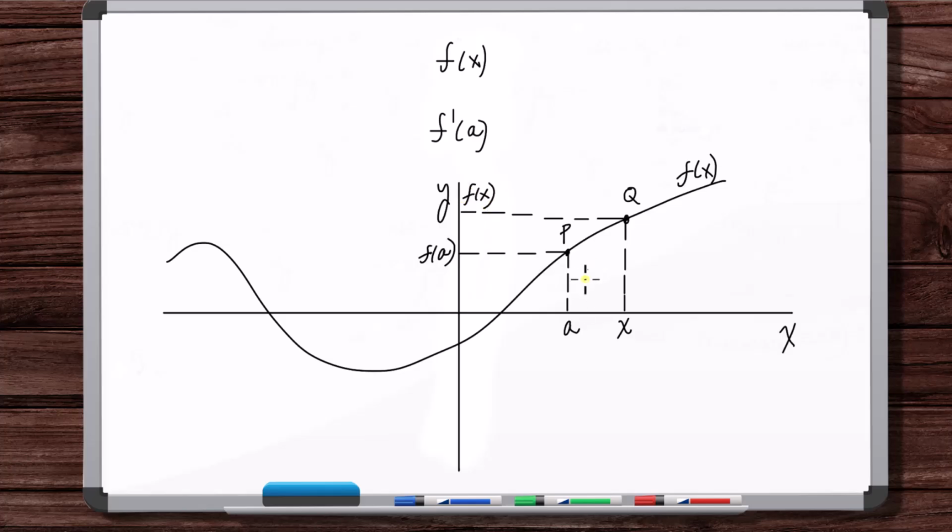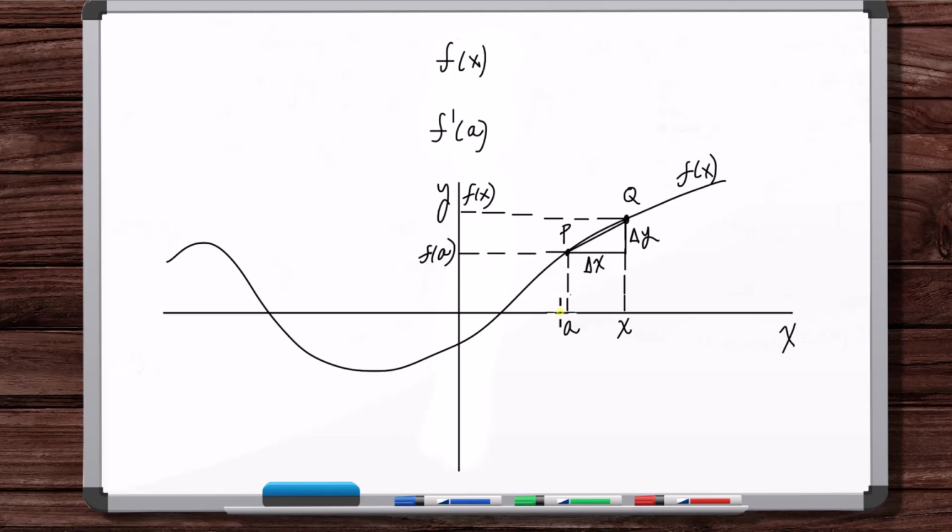And the average rate of change of a function between 2 points on the function is just the slope of the line that connects those 2 points. So the slope of this line PQ going from P to Q is the delta y divided by the delta x. So this delta x and this delta y.